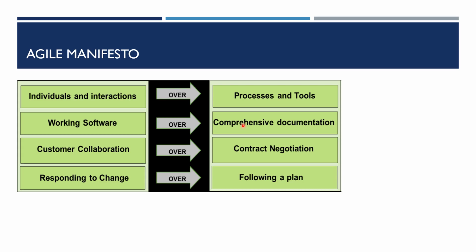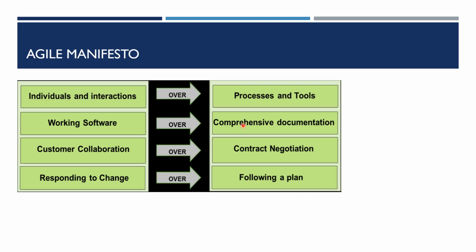We do documentation, but just enough documentation in Agile. Whereas in waterfall or traditional software development, we used to do very detailed documentation on requirements, then detailed design, and then we do a build and test and all other things, right?